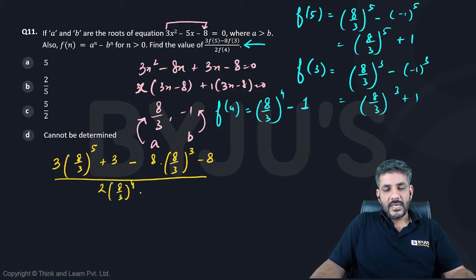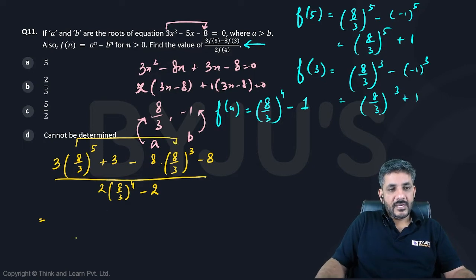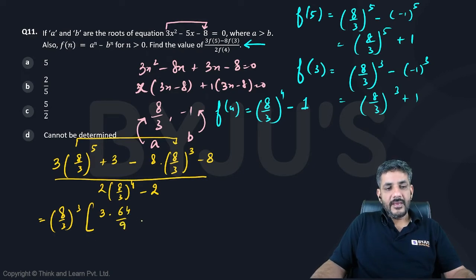minus 2. So from the first few terms, what do I get from these two terms? I can take (8 by 3) cube common. If I take (8 by 3) cube common outside, what do we have inside? It is 3 into (8 by 3) square, that is 64 by 9, right?